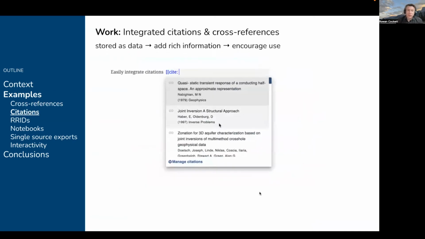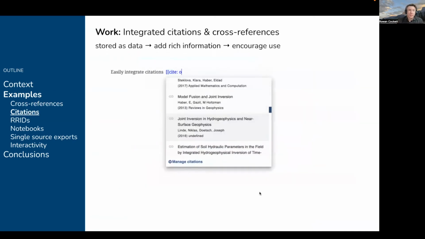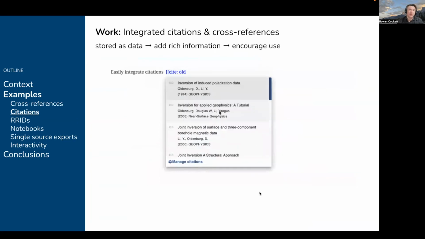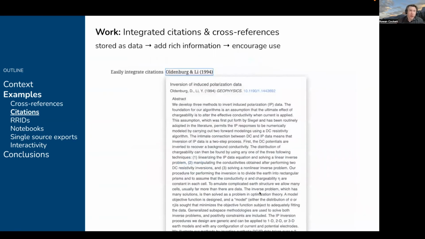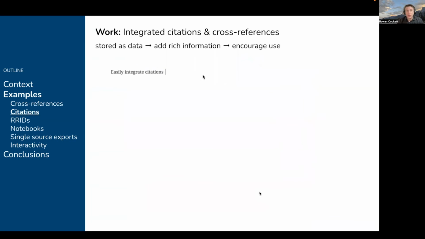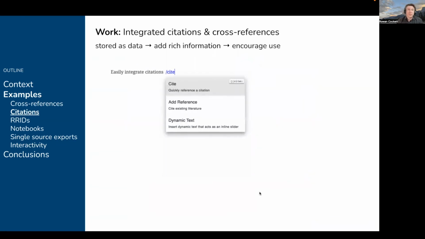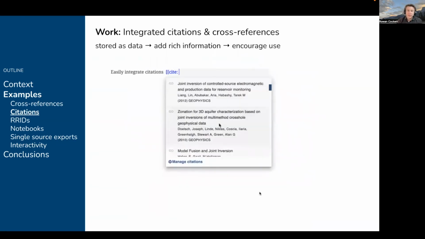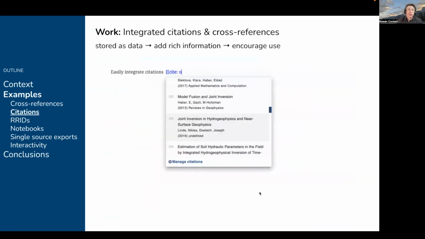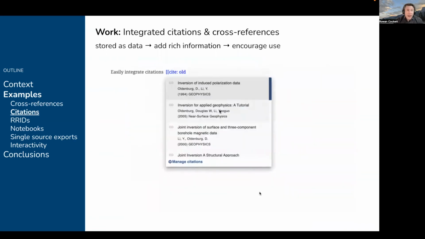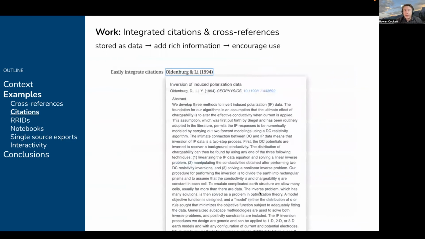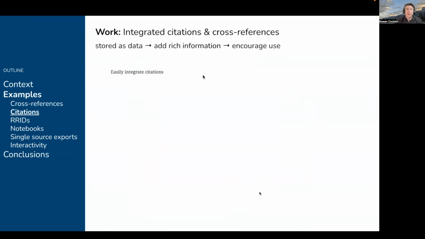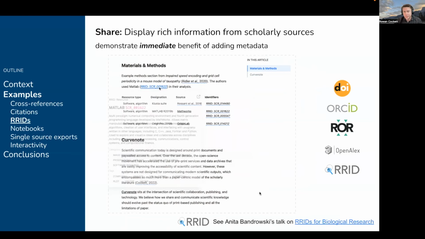And this also works with more traditional citations through DOIs. Those are directly built into CurveNote, allowing you to search through your entire reference collection without using your mouse. You just type cite and start searching through your collection. And then we can add rich information like abstracts pulling from DOI services like Crossref or OpenAlex.